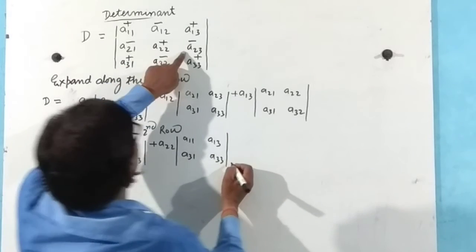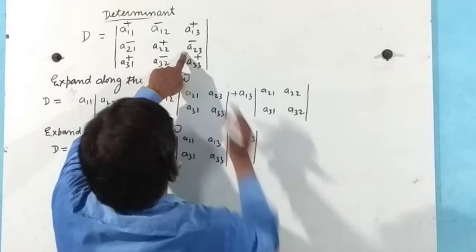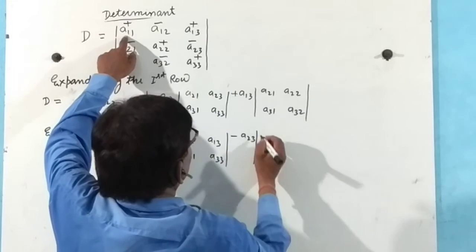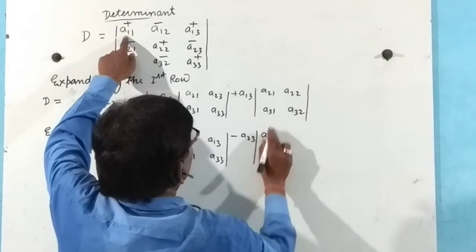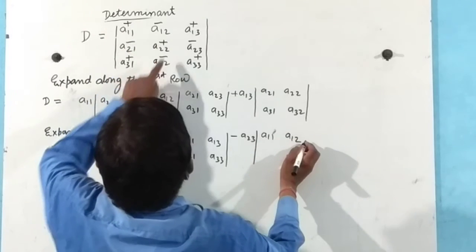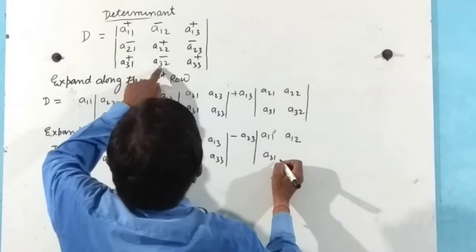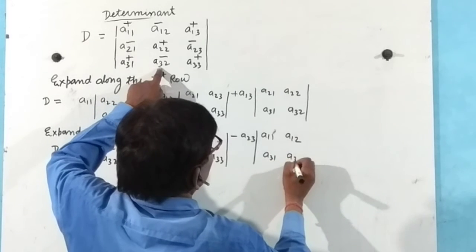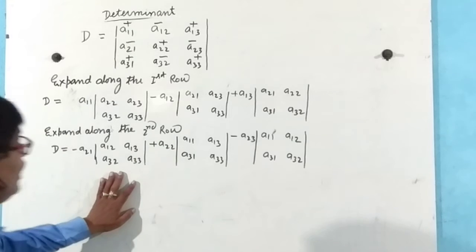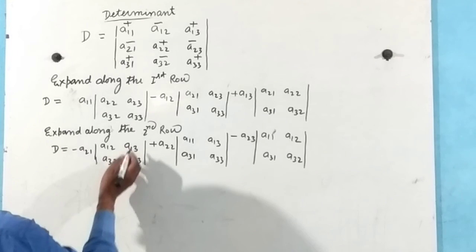After that this minus A23 here, deleting this and this, so that A11, A12 and this A31 and A32. Now value of this is also equal to this.